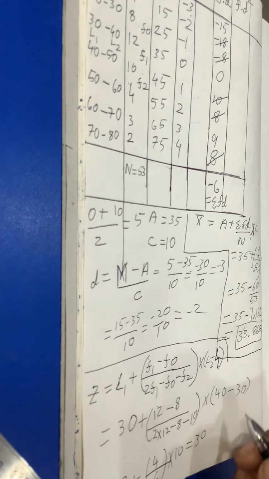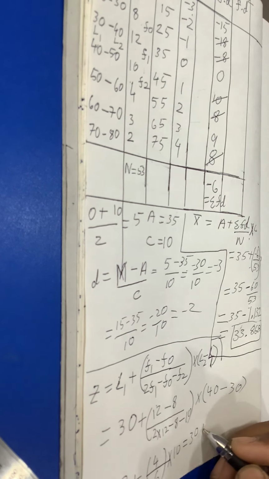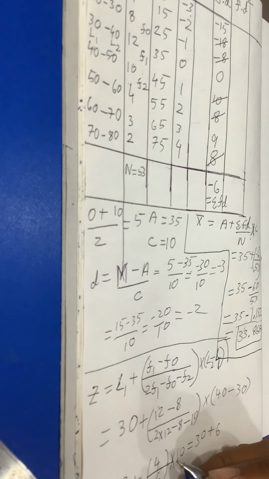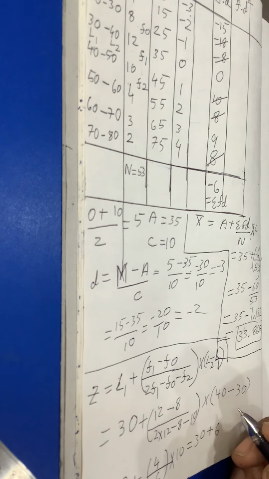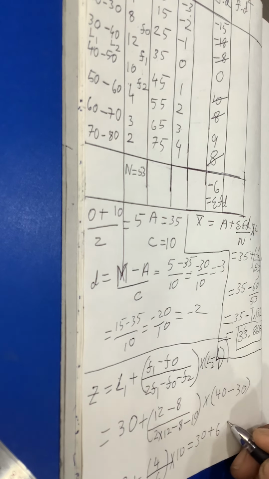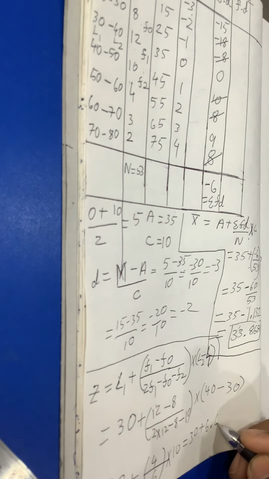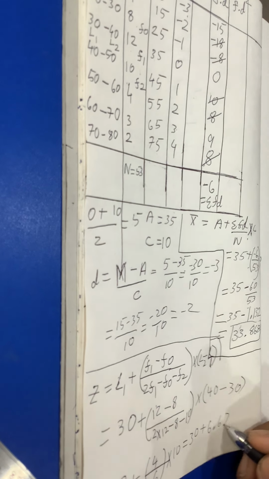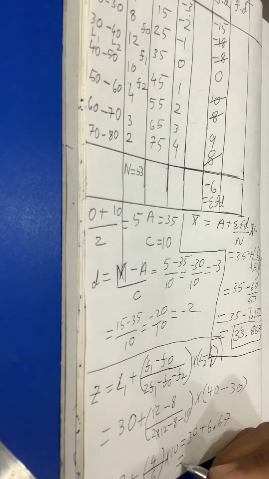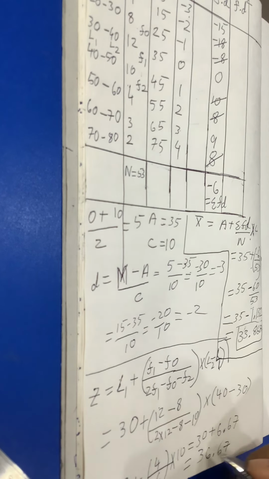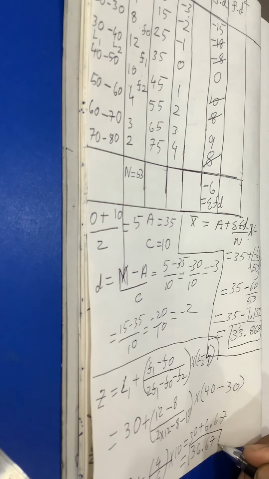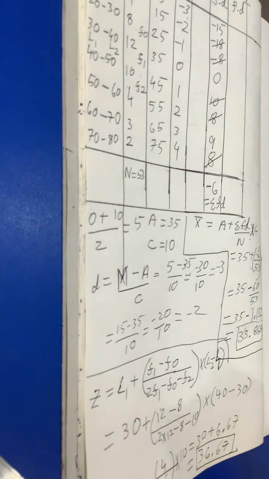So 30 plus 6.66666, which we will reduce to 6.67. Okay, so my mode value is 36.67. Alright.